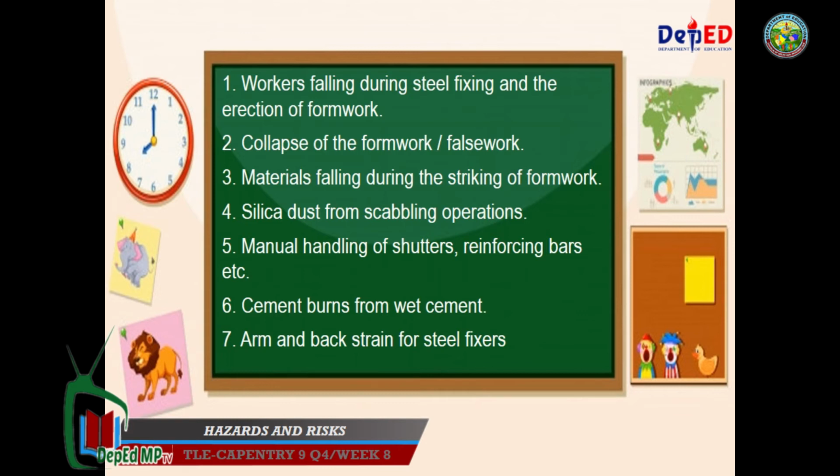Collapse of formworks and false work. 3. Materials falling during the striking of formworks. Number 4. Silica dust from scabbling operations. And number 5. Manual handling of shutters, reinforcing bars, etc. 6. Cement burns from the wet cement. And last but not the least, arm and back strain for steel fixers.